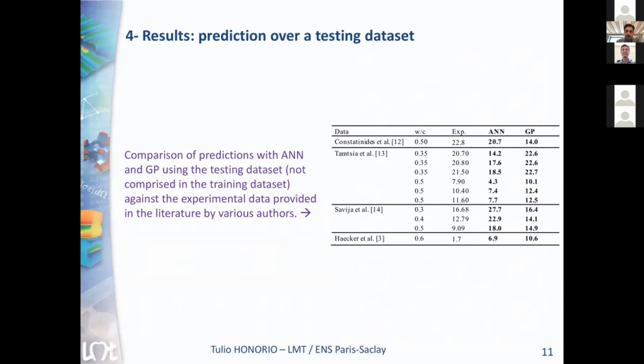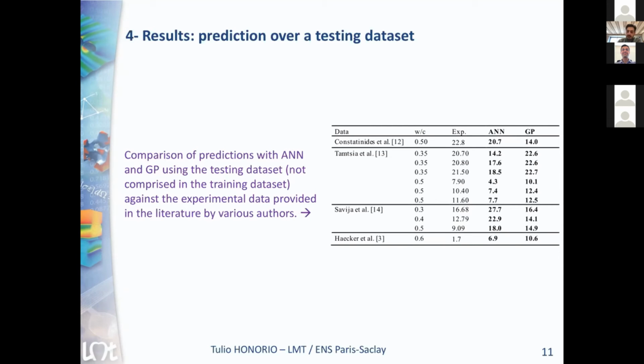Then we predict experimental values from other authors that are not in the training data set to see if we can get this kind of prediction for new data. And what is interesting here is that some of the experimental observations for these authors are not dynamical measurements of the elastic properties. So even for quasi-static measurements, we can see that we can find good estimations in some cases.